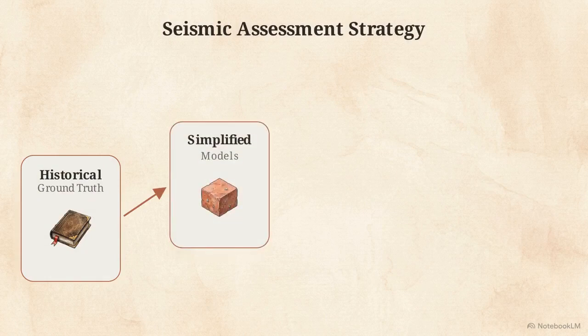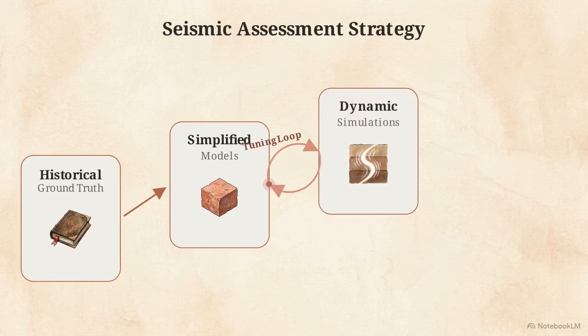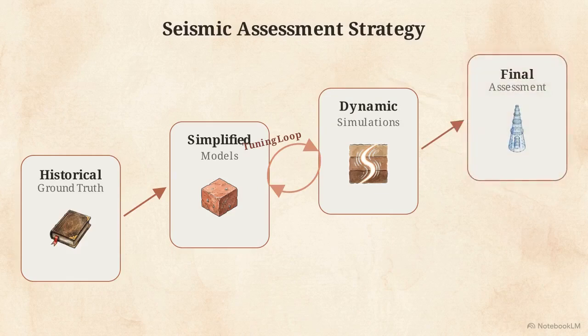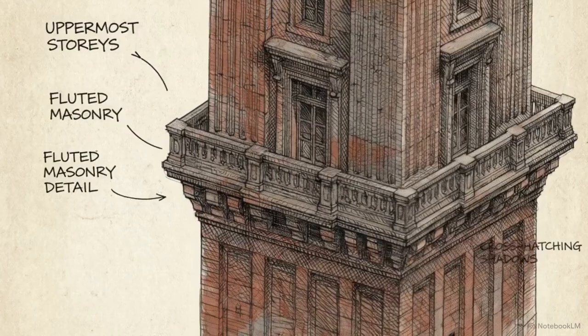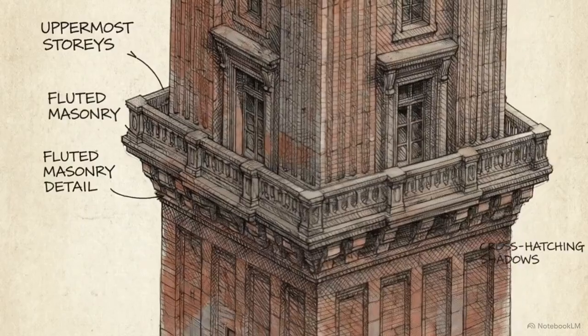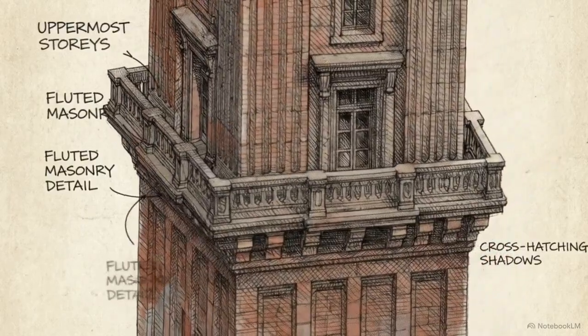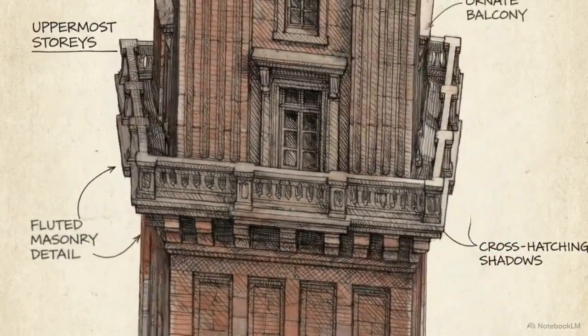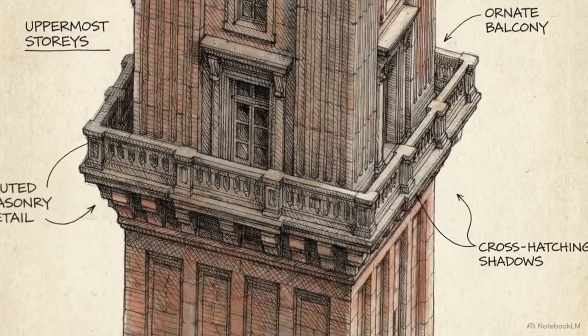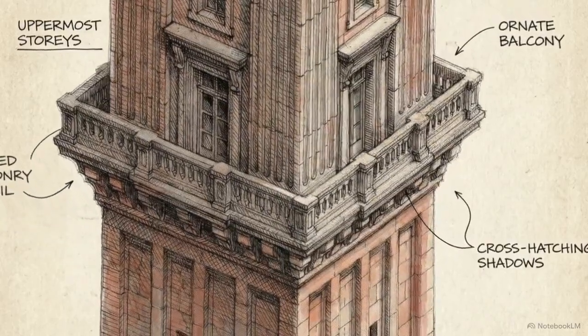While simplified models provide a useful baseline, they must be tuned using data from refined dynamic simulations to overcome material uncertainties. Preserving architectural heritage requires moving past computational shortcuts. Only a comprehensive, dynamically tuned approach can accurately map the complex realities of ancient engineering.